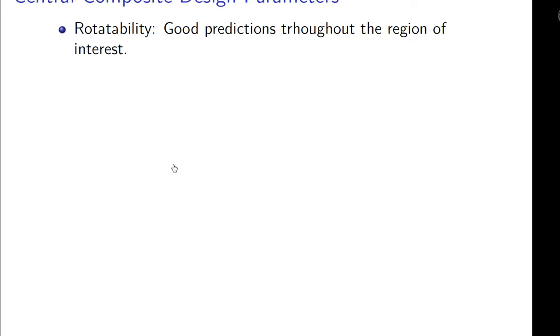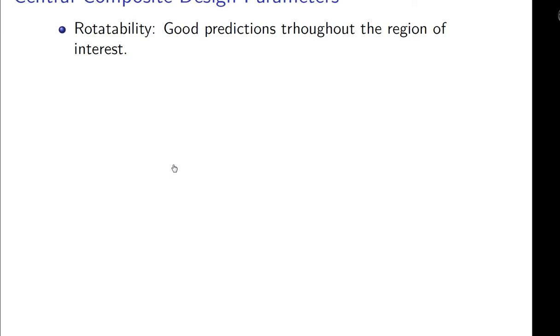A region of interest is that portion of the factor space in which we believe that the factors will take on values associated with the experiments. So in the example from Montgomery that I showed you earlier, if the dynamic range of the variable C1 was 80 to 90, and I rotated the experiment, then the values that x1 would take on would be within that range.